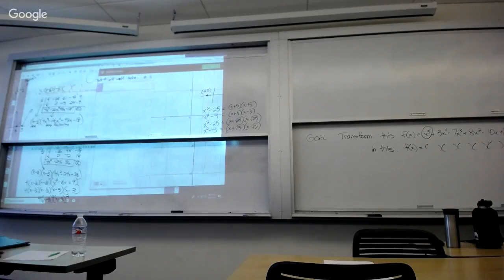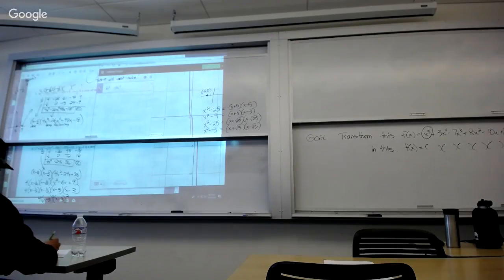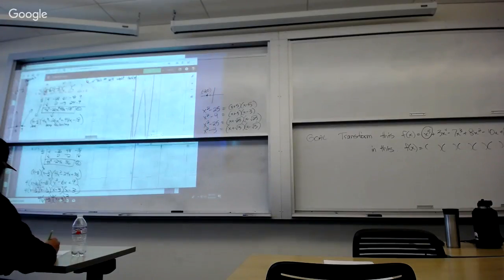Here's the actual graph. 4x to the 4th, minus 28x cubed, plus 61x squared, minus 42x, plus 9. And what does the graph do?